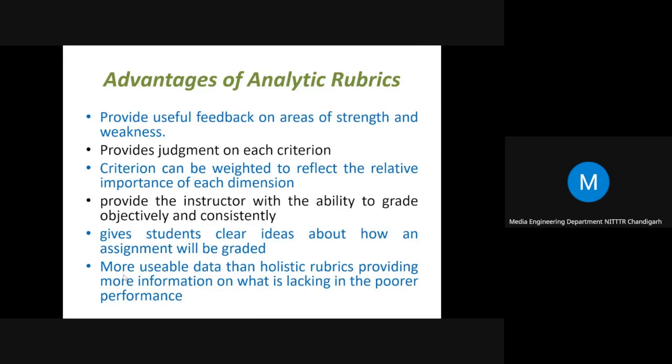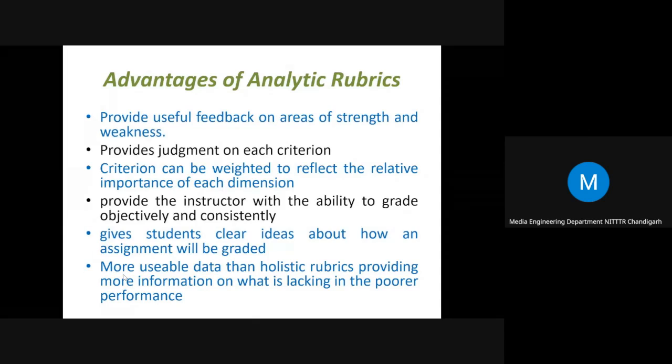If a criterion is not awarded the highest grade, that means there is a weakness of the student. So we are giving feedback on specific areas of strength and weakness, which was not there in the case of a holistic rubric, right?